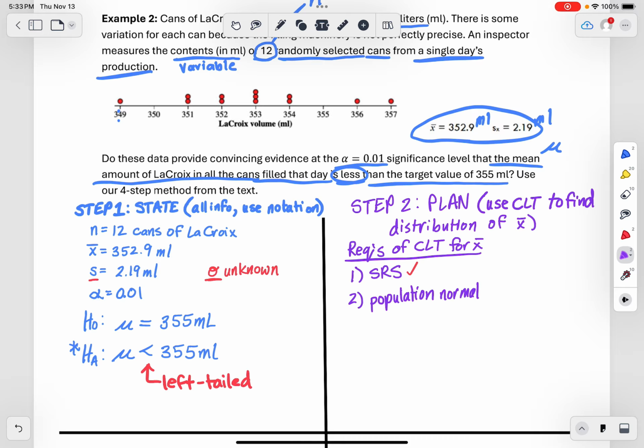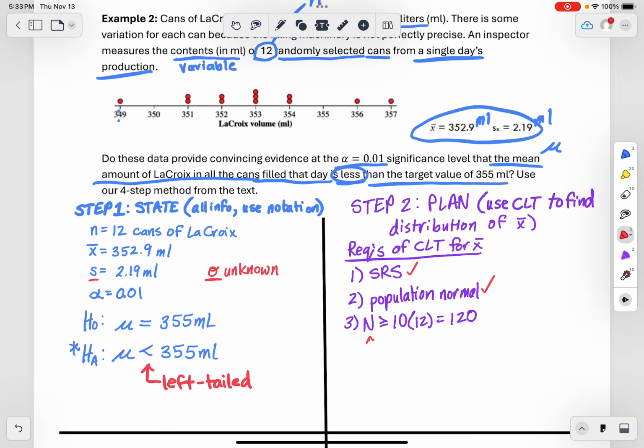And then the last thing that we need is for the population size to be 10 times the sample size. In this case, n was 12. So we need our population. So LaCroix is a pretty popular brand.